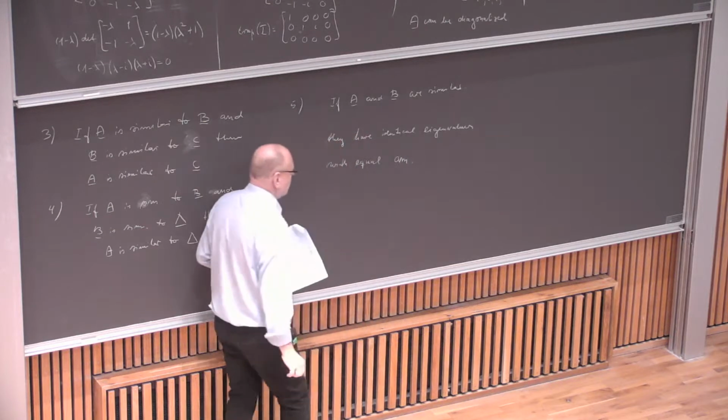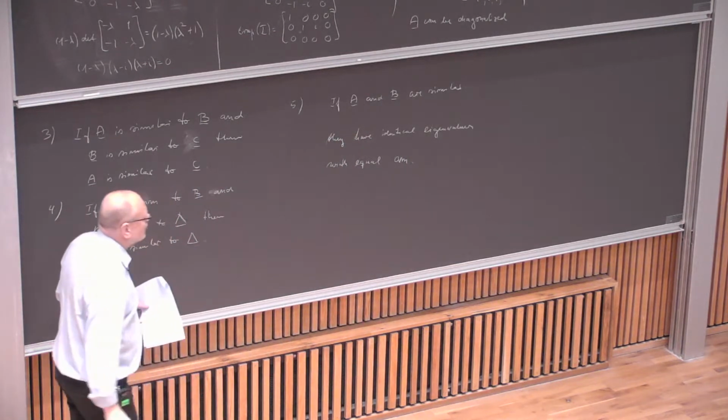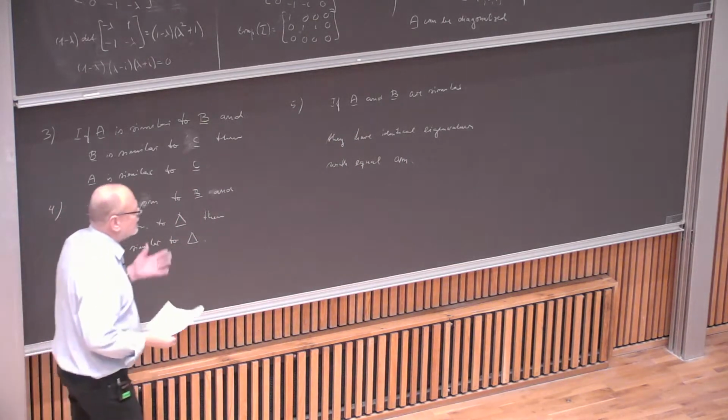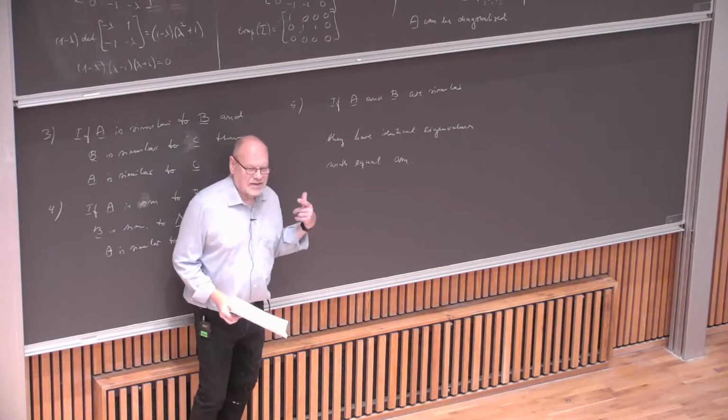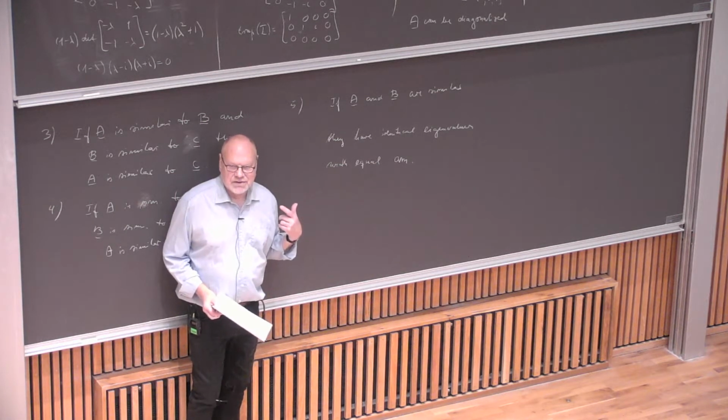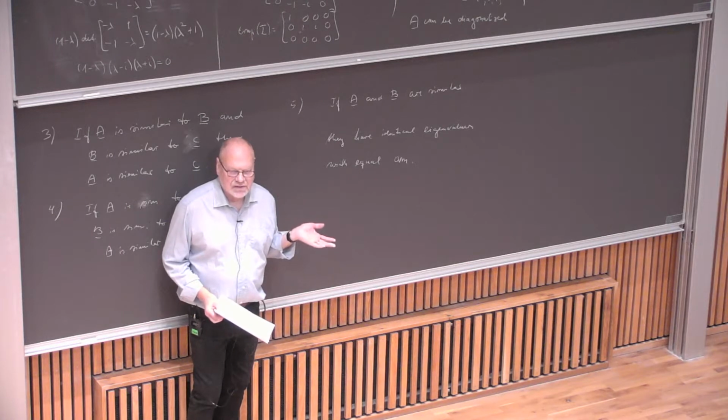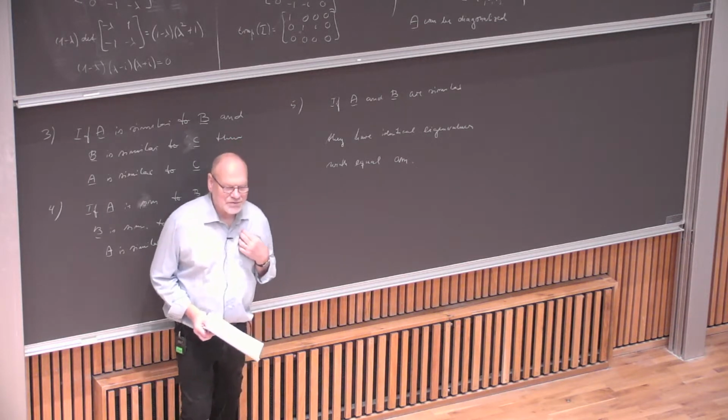I abbreviate that, AM. And this is operational: if you want to check if two matrices are similar, then find their eigenvalues and count the multiplicity of the eigenvalues. And then you can decide whether the two matrices are similar.